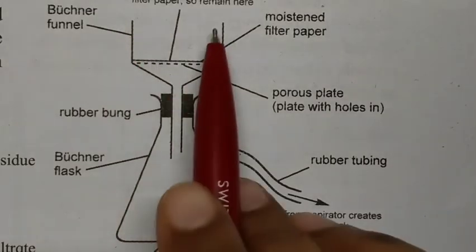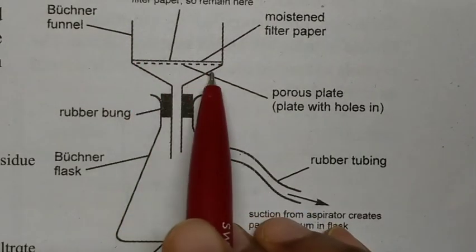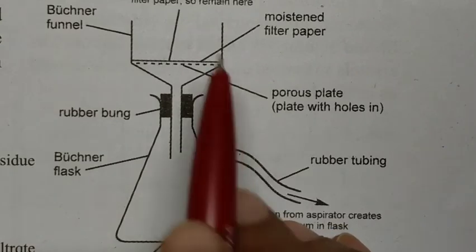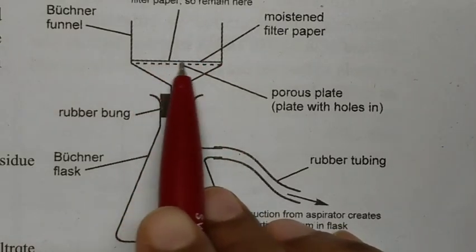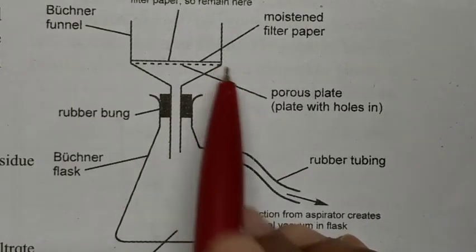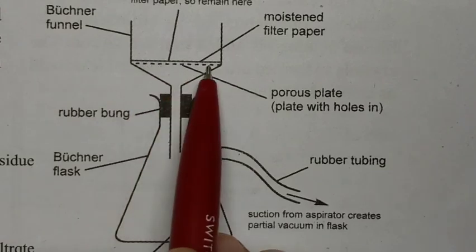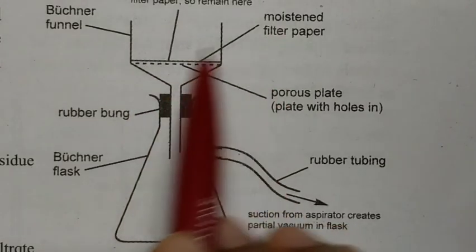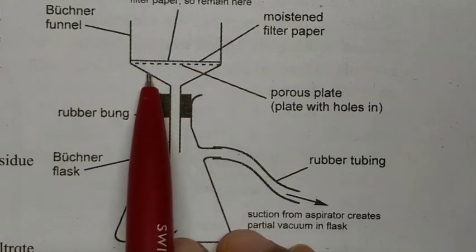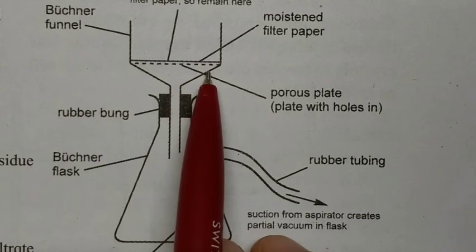At the bottom of the funnel, there is a porous circular part. A circular filter paper of the correct size is placed on the circular porous bottom of the Buchner funnel.